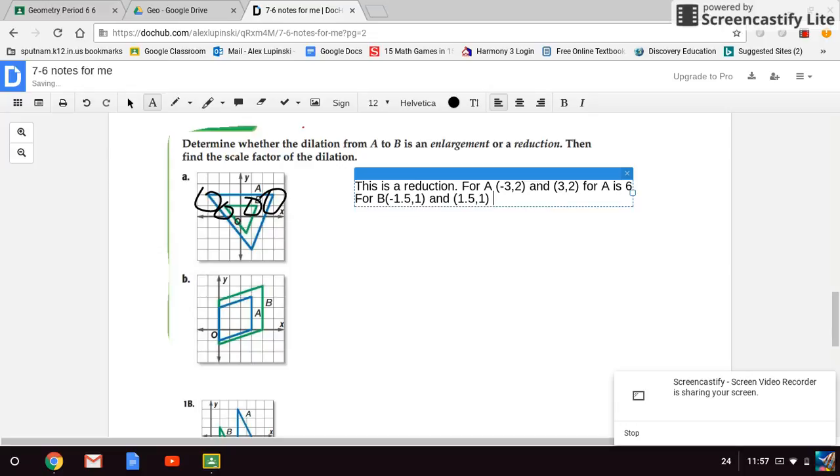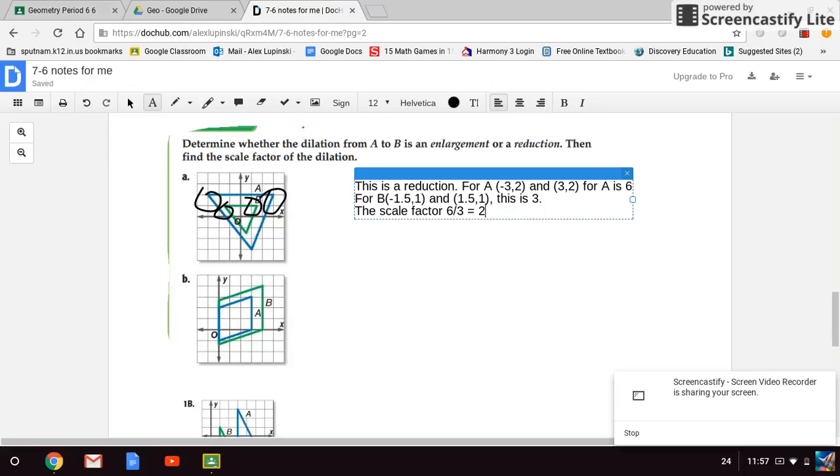And this is 3 away. So for the scale factor going from, in this case, A to B, A was 6, B was 3, so it's 6 over 3. So the scale factor is 2.